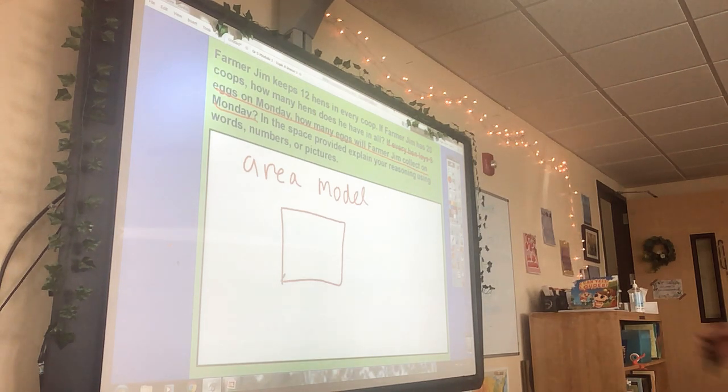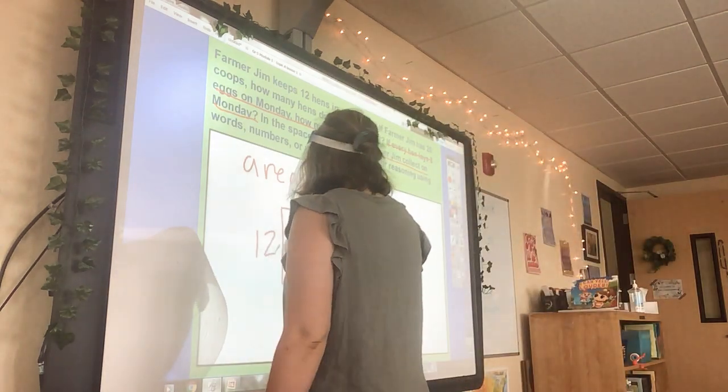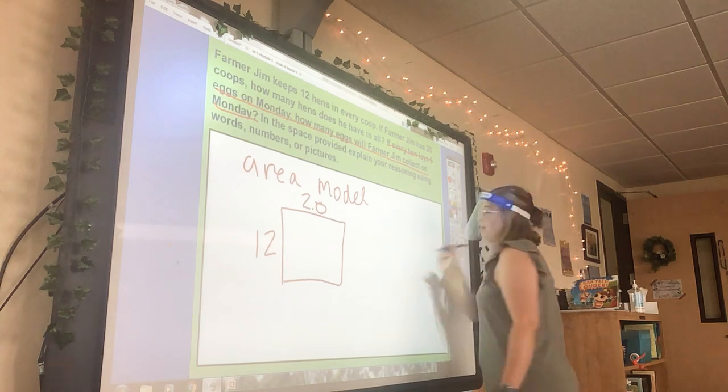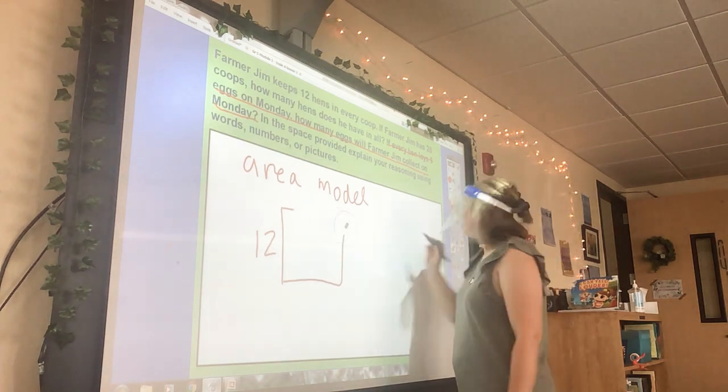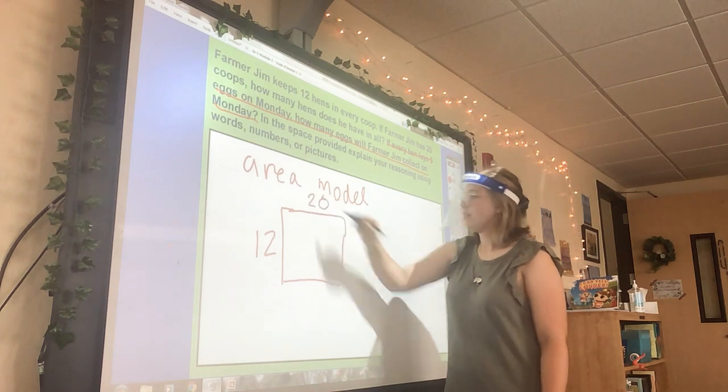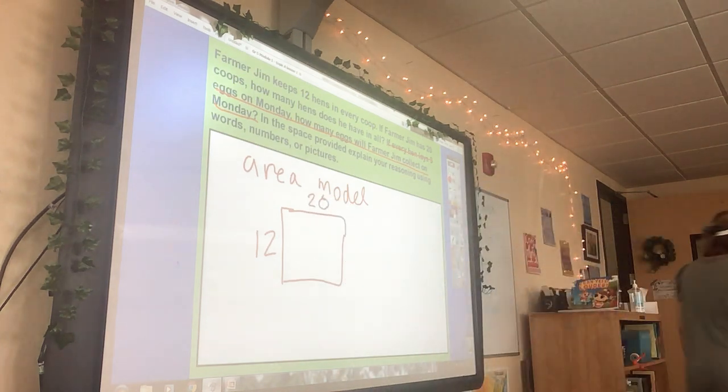Now, if you look here, solve it on your whiteboard. 20 times 10. 20 times 10.